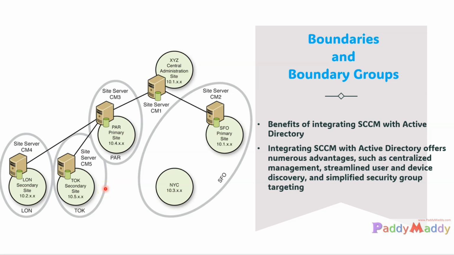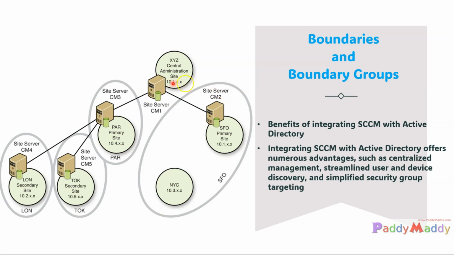Guys, if you're a fan of PowerPoint, this is how it looks in your mind now. So think about it. You have a central administration site. What we're talking about is the boundaries and boundary groups. You might have a central site with a series of subnets, and now you might have additional locations called the SFO region. This is Tokyo, this is London. So every location has its own primaries and secondaries.